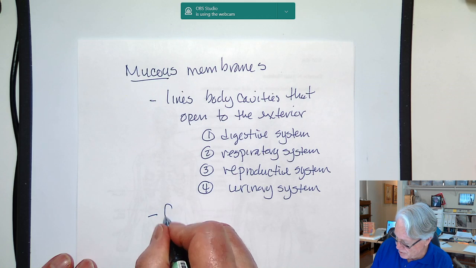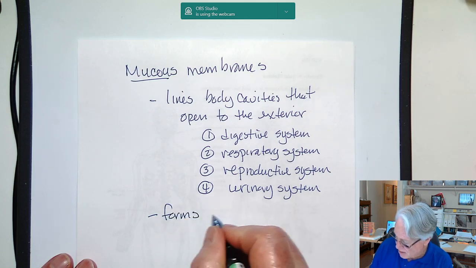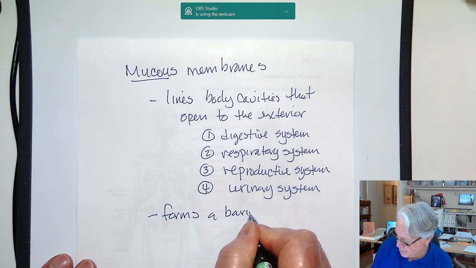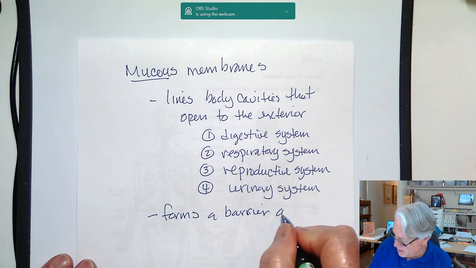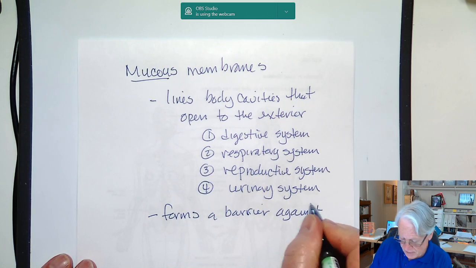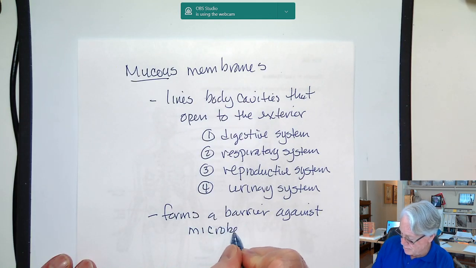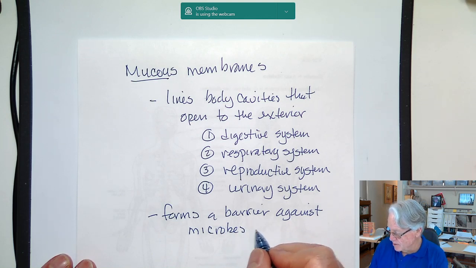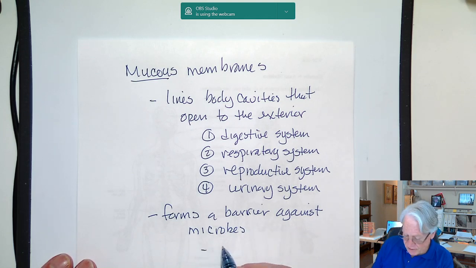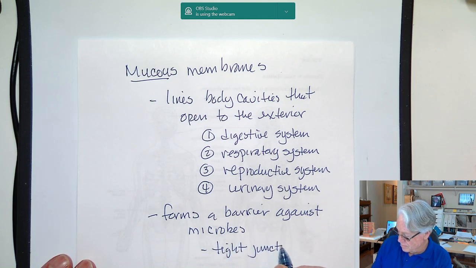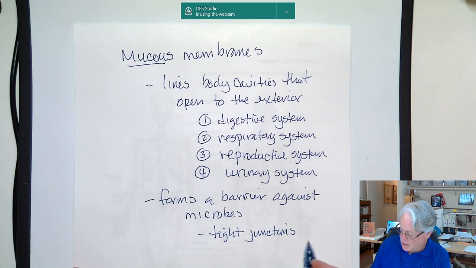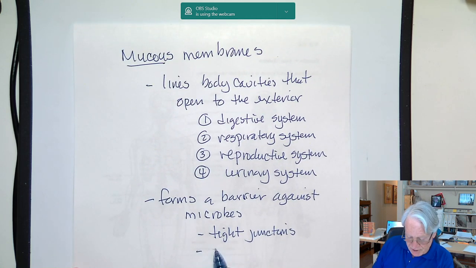So it forms a barrier against microbes, parasites, and disease. Okay? It consists of tight junctions. It also has goblet cells that secrete the mucus.